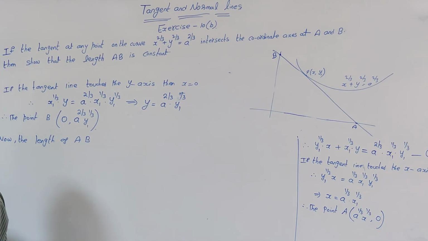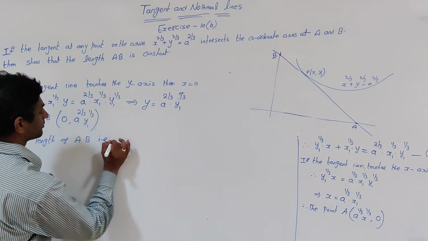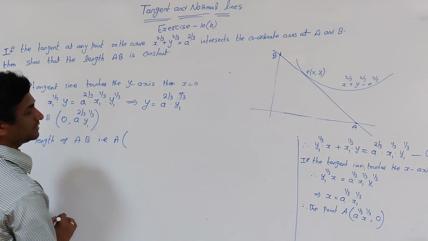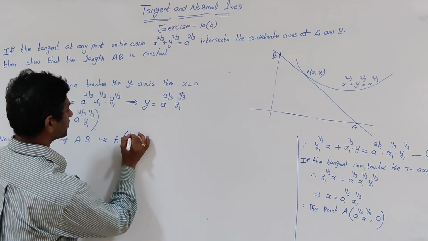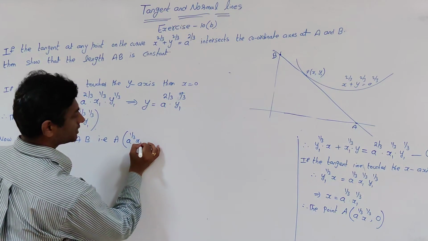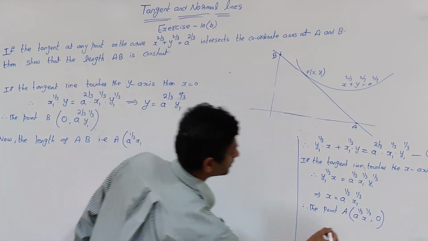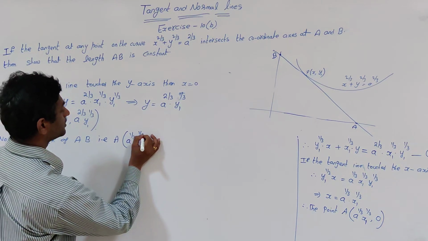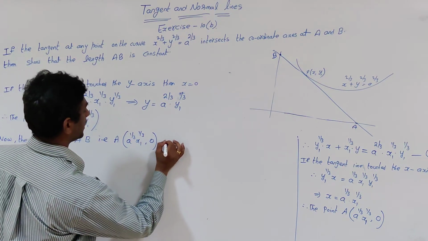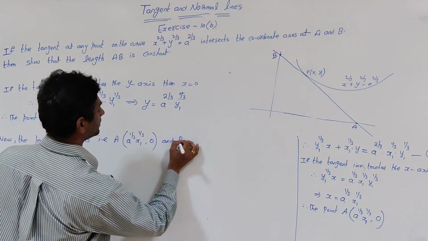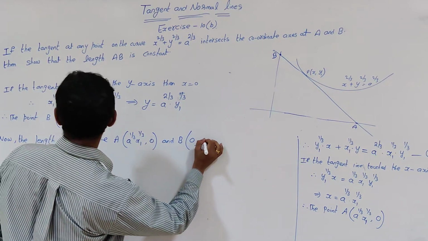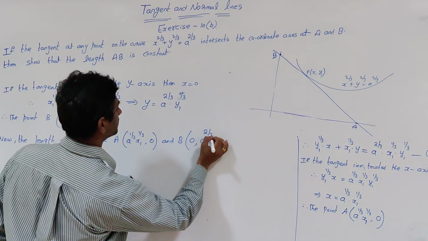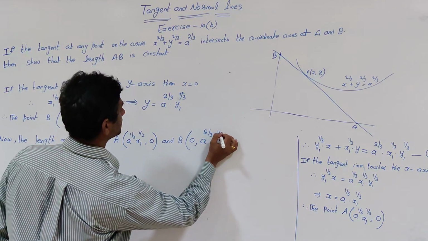Now the length of AB. What is the point A? A is x1 to the power of 1 by 3 comma 0, and B is 0 comma a to the power of 2 by 3 y1 to the power of 1 by 3.